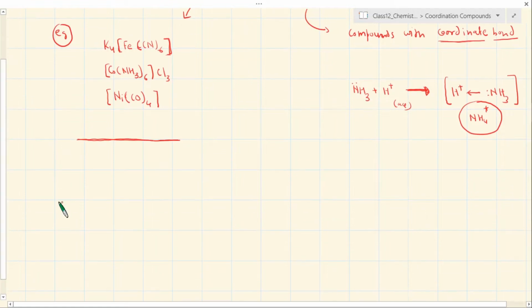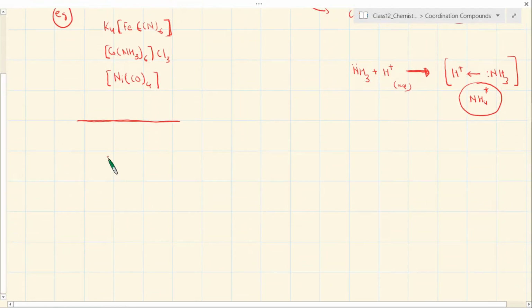Let me tell you about a simple experiment that you can do in the laboratory by taking two solutions, for example two solutions of some ions.